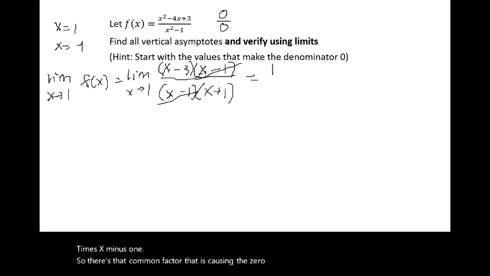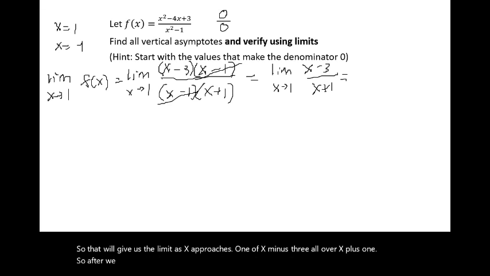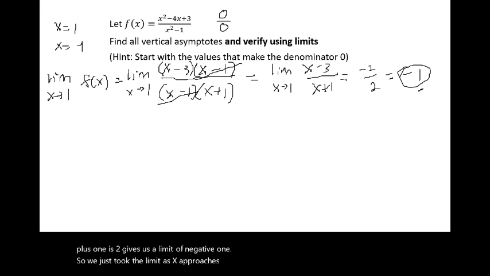So that will give us the limit as x approaches 1 of x minus 3 all over x plus 1. So after we simplify, let's direct substitute again. So we'll get 1 minus 3, which is negative 2, over 1 plus 1, which is 2, gives us a limit of negative 1. So we just took the limit as x approaches 1, and we got a real number. That means x equals 1 is not a vertical asymptote.